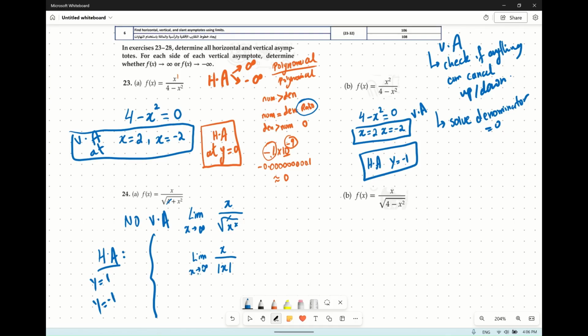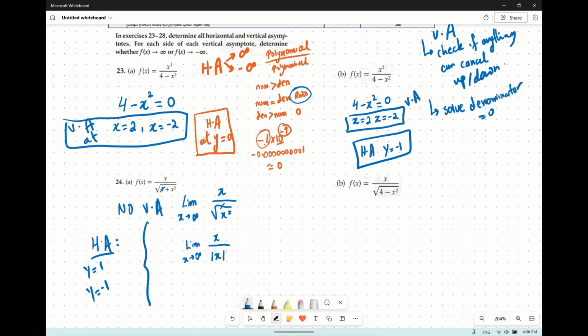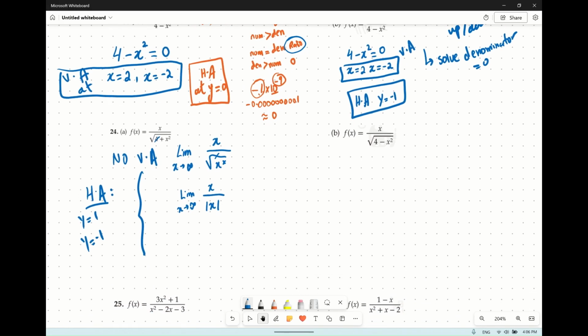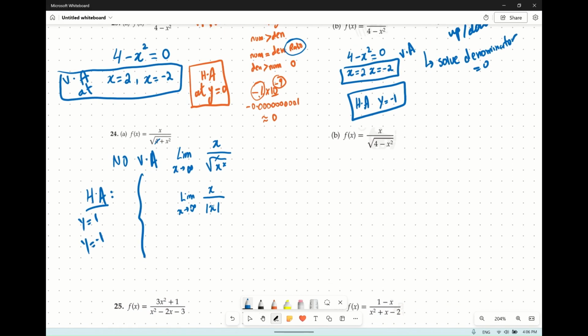Now, if the limit approaches positive infinity, I remove absolute x and put in its place positive x. If the limit approaches negative infinity, I remove the absolute x and I put negative x in its place. So here this one will become limit as x approaches infinity of x over x. So I remove the absolute x and I put positive x in its place. x over x will become 1.